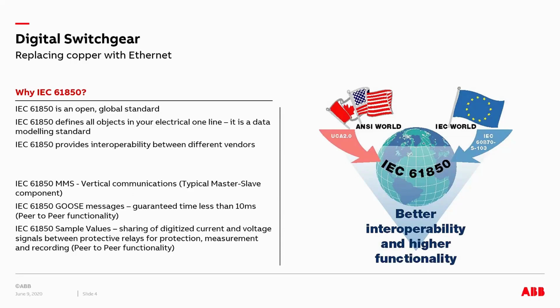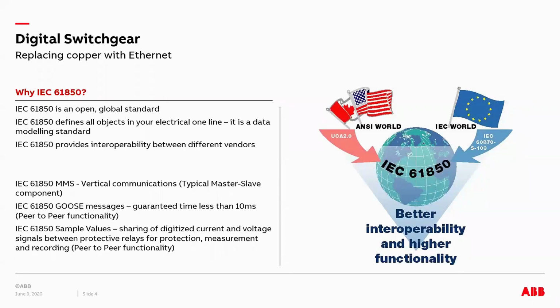Now, to replace the copper wiring, the technology we have today is based on the IEC 61850 standard. If you're wondering what IEC 61850 is, it is an open global standard for power system application.